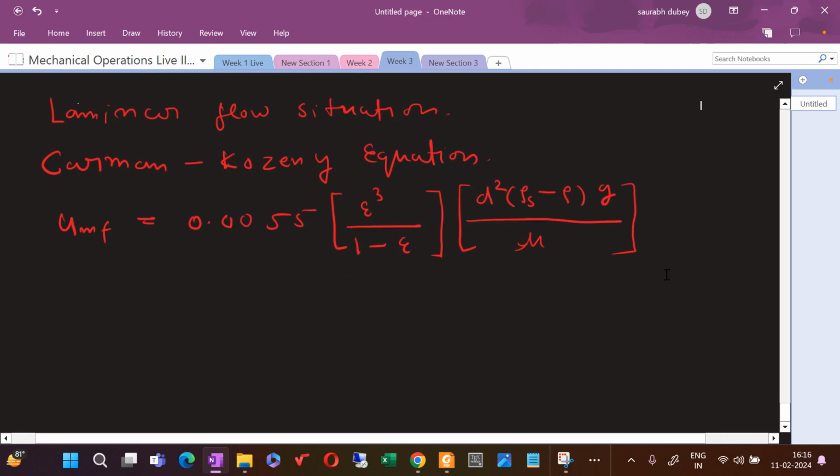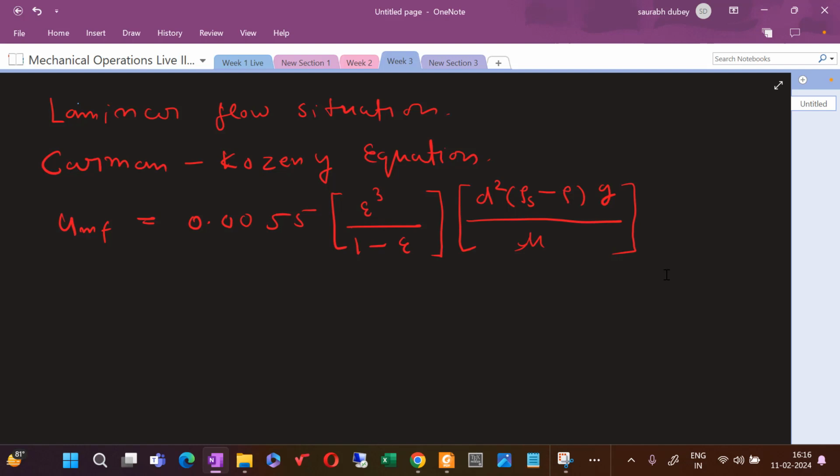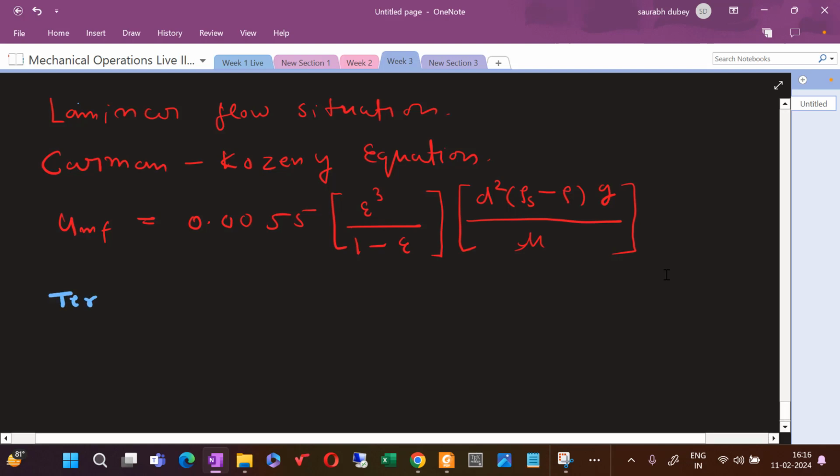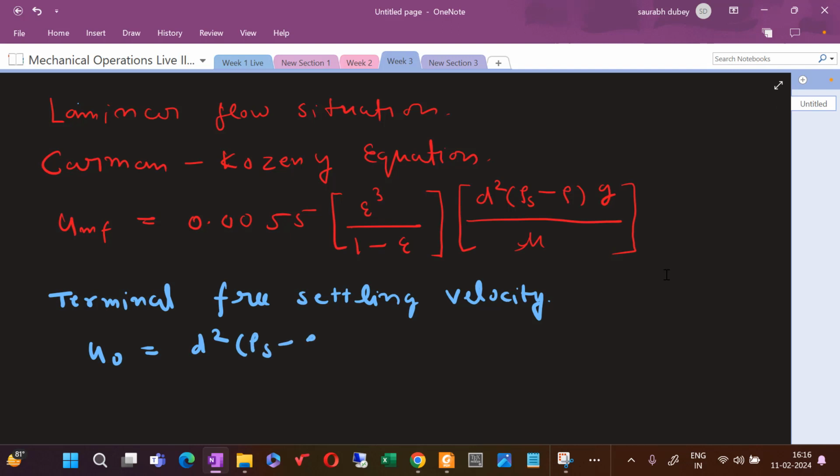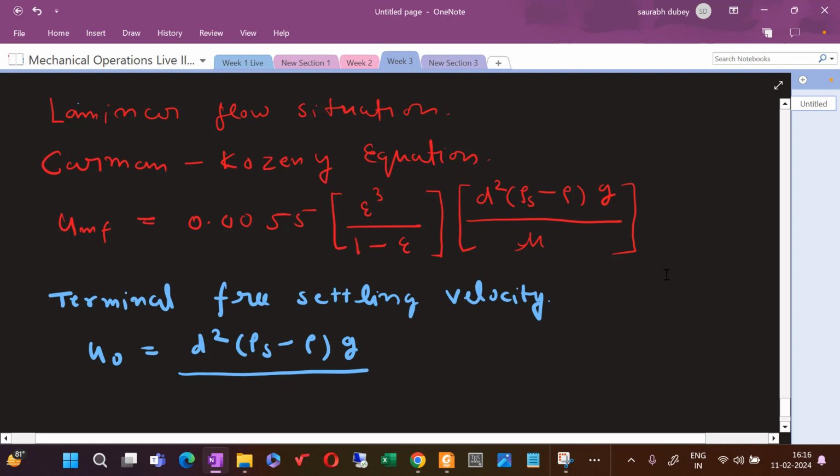And the terminal free settling velocity is u_0 equals d squared (rho_s minus rho_g) g divided by 18 mu.